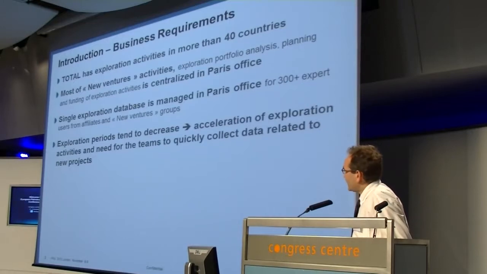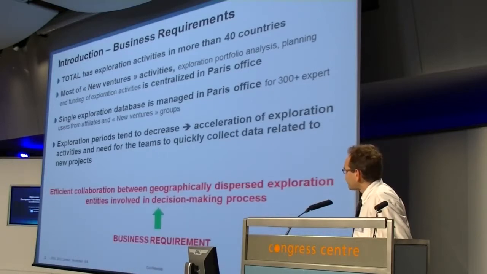What we have seen in recent years is that exploration periods tend to decrease, and so we have to go faster and faster to perform exploration activities. And the teams have to be very efficient in collecting the data and the knowledge as soon as possible.